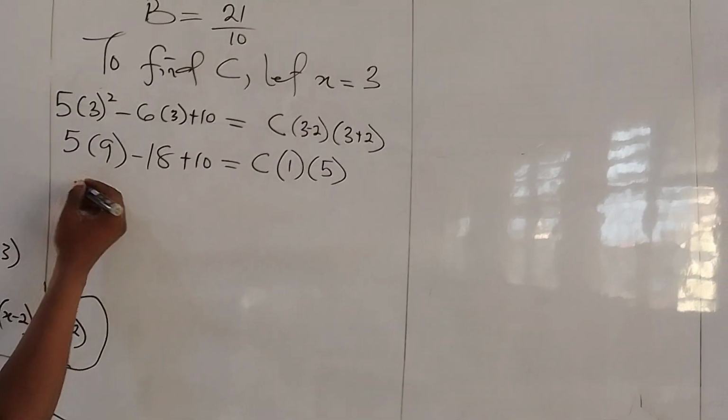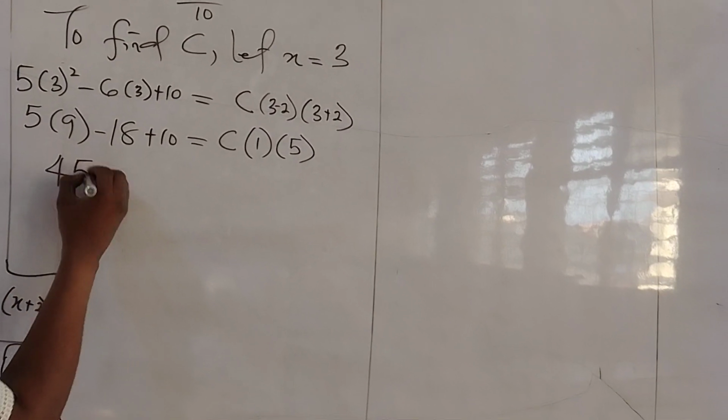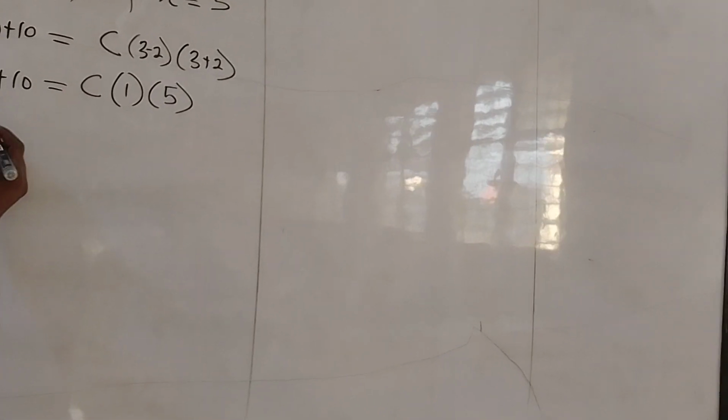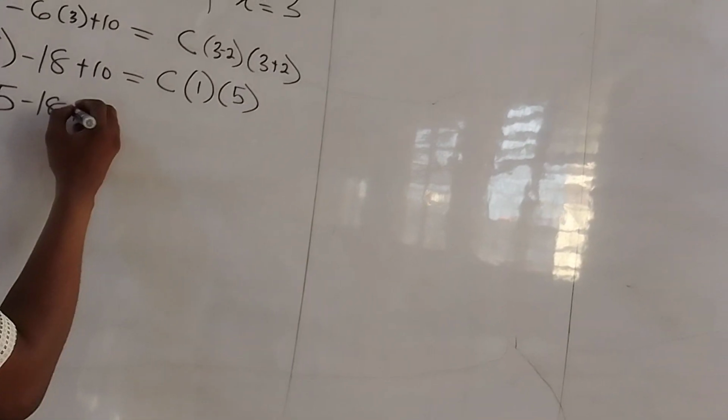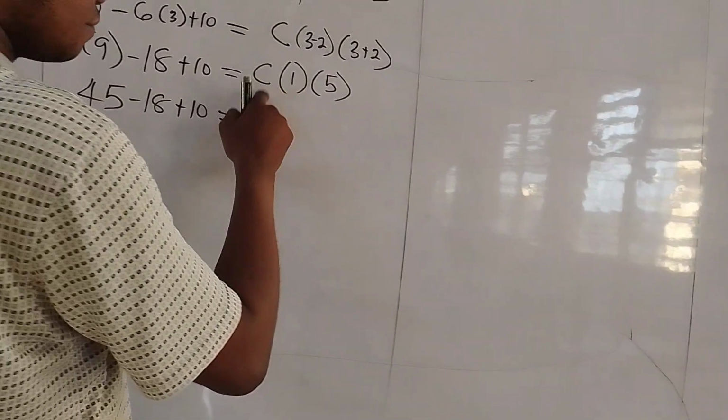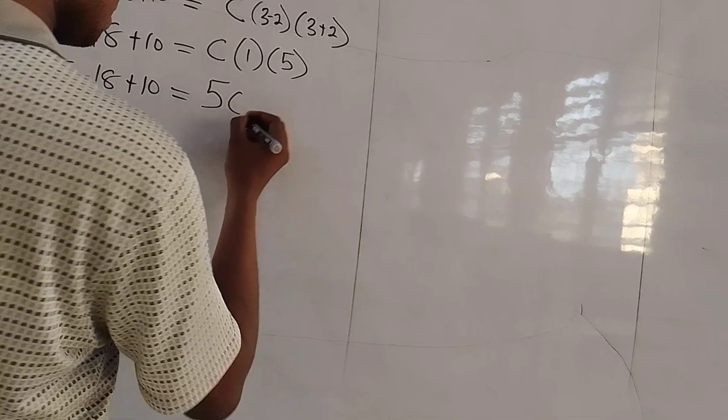So we have 45, that is 5 times 9, minus 18 plus 10, is equal to 5 times 1 times C, 5C.